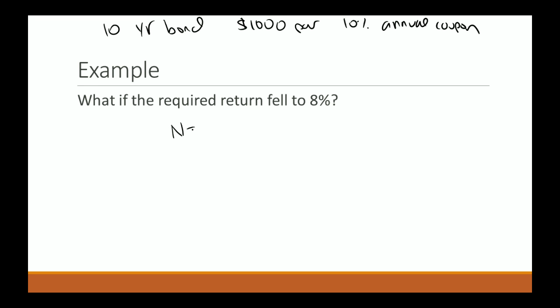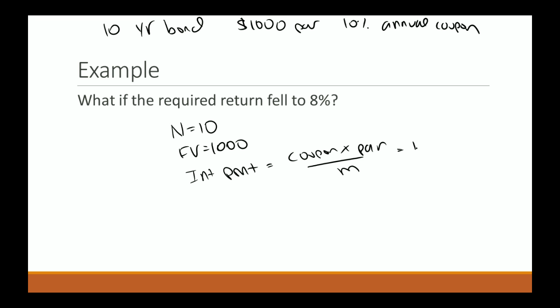So we have a 10-year bond, $1,000 par, the interest payment, coupon times par divided by compounding frequency. That's 100, and we've already used this one, so we won't use it again. But now our interest rate is 8%.